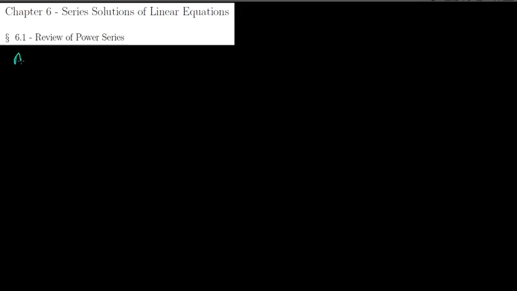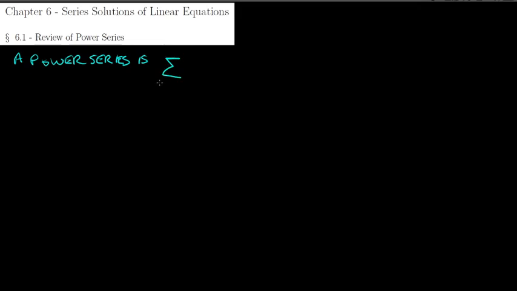So a power series, right, is, well, anything that has the following form. So it's going to be a series, which means it's going to be a sum. So remember, this is the symbol for a summation, a capital sigma, right?